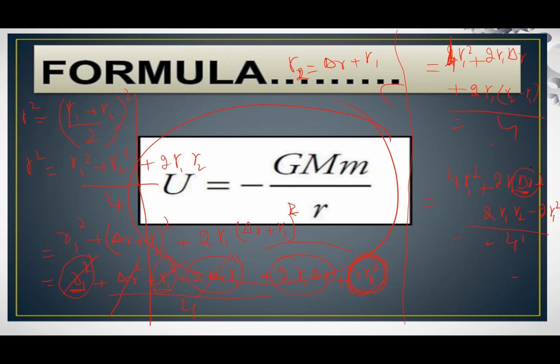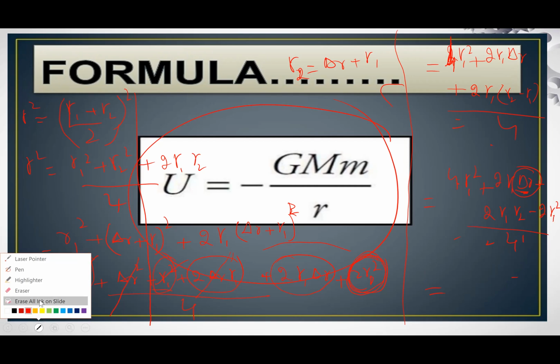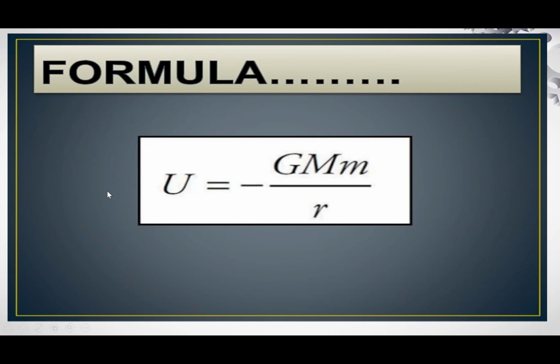So when you put the value of del R, I will erase and write the short equation. So when you simplify that equation, you will get that R square is equal to R1 R2.